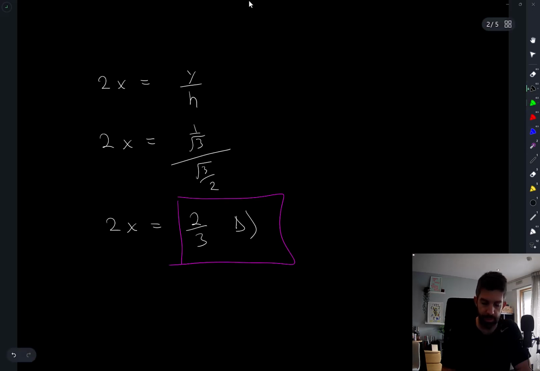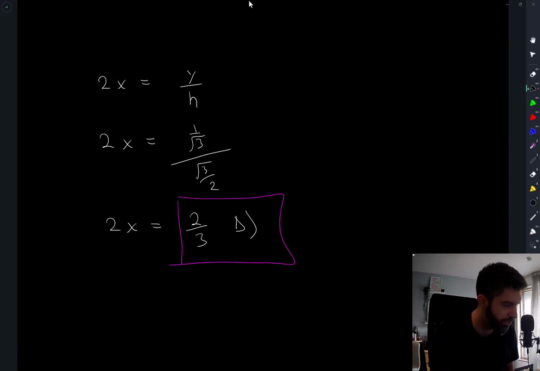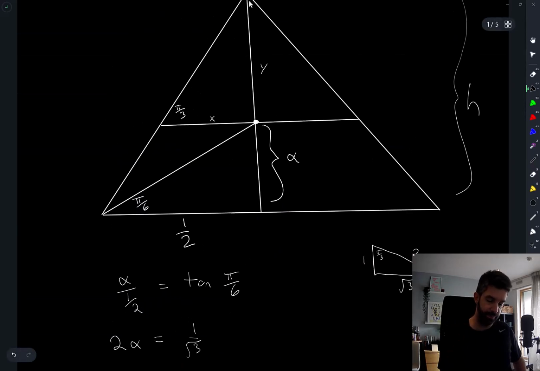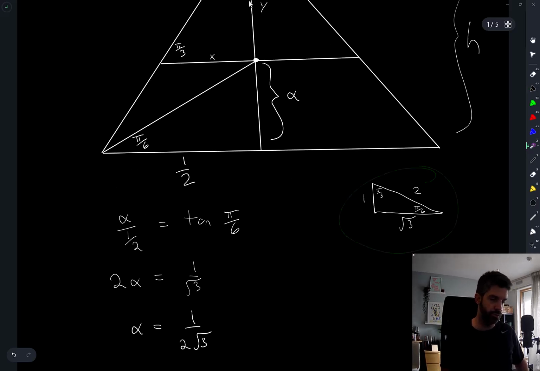Okay. Large number of stupid mistakes that I don't know what I was thinking here. I mean, you never use these trig right angled triangles. You never have to worry about those after secondary school.